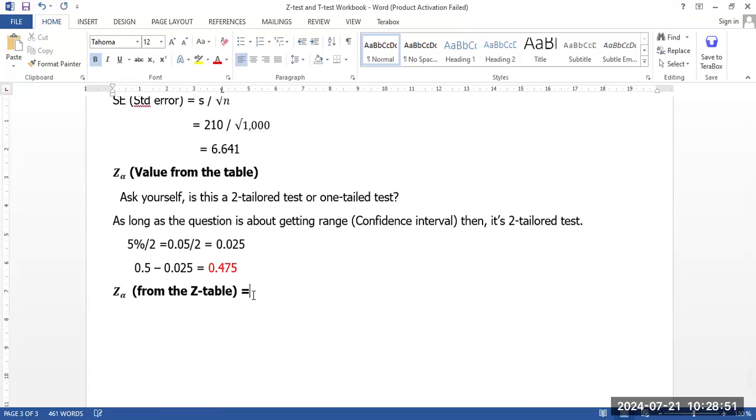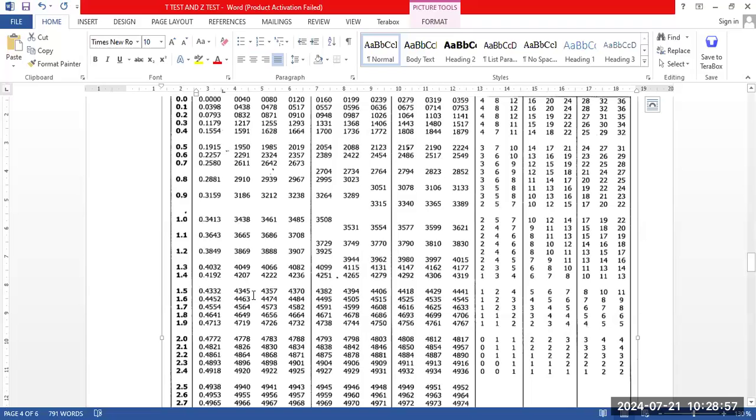So the value from the table: which value is giving us this? Let's just pick this, or if you want, you pick this. Which value is giving us this? 1.9. We take 47. So you will start from 1.9.